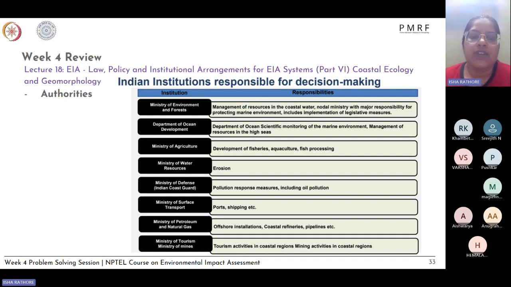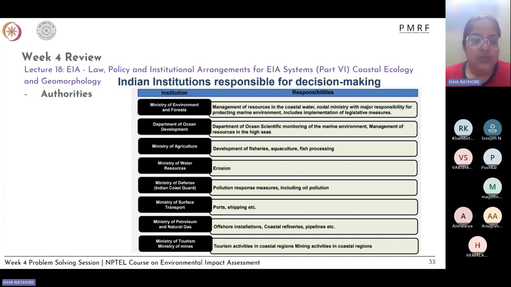Then we have Department of Ocean Development, which again monitors the marine environment, management of resources in the high seas. Ministry of Agriculture, because of the development of fisheries, aquaculture, fish processing. Ministry of Water Resources, which looks up at erosion. Ministry of Defense or the Indian Coast Guard, which is responsible for pollution response measures, including oil pollutions.